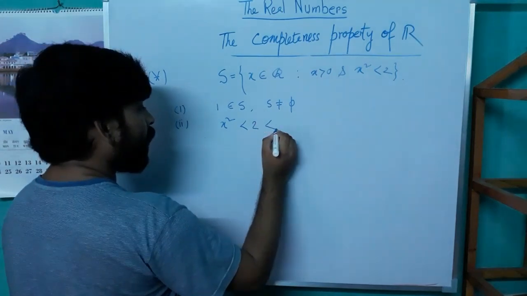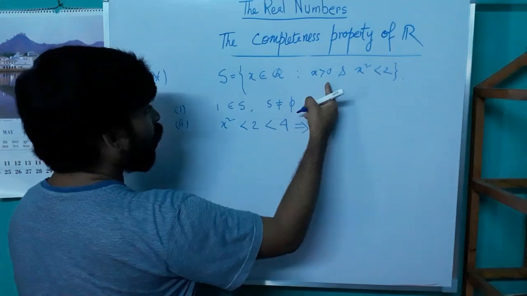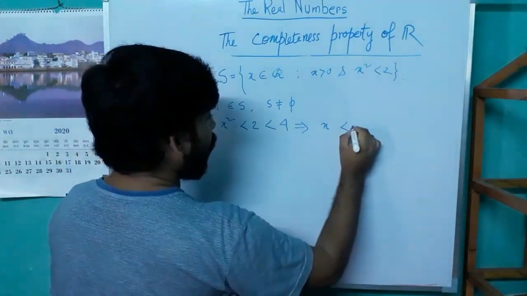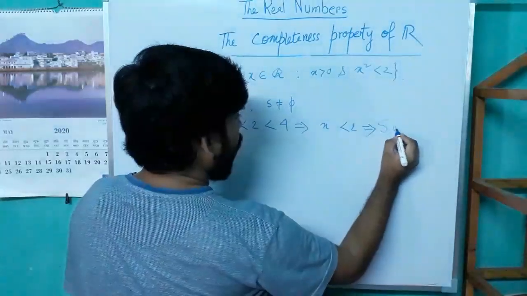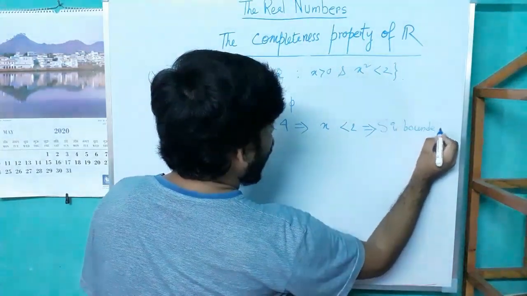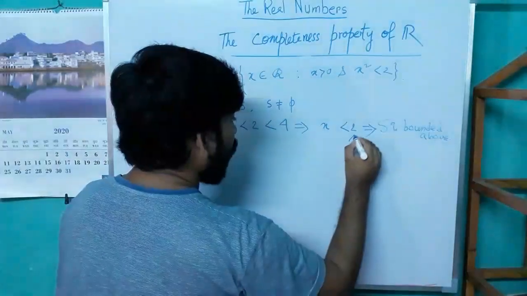So obviously it's strictly less than 4, and since each element is positive, every element is strictly less than 2. So this implies S is bounded above. So 2 is an upper bound of S.